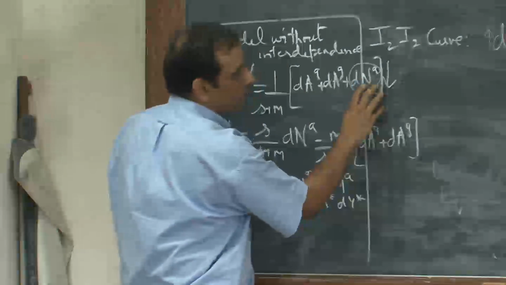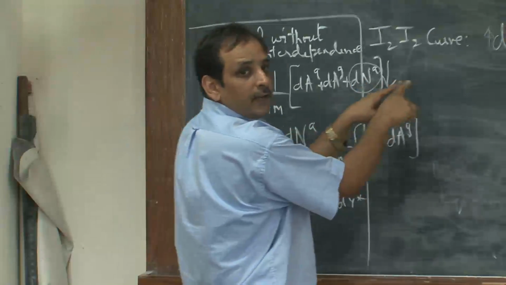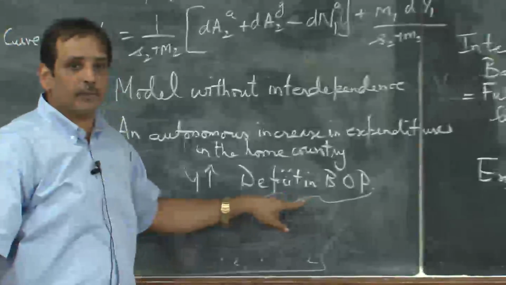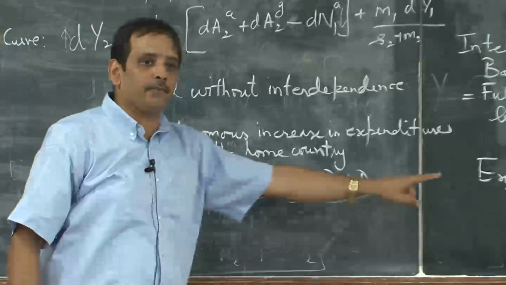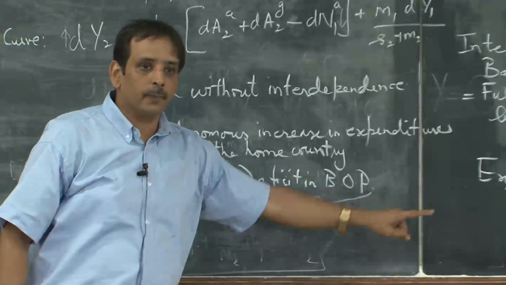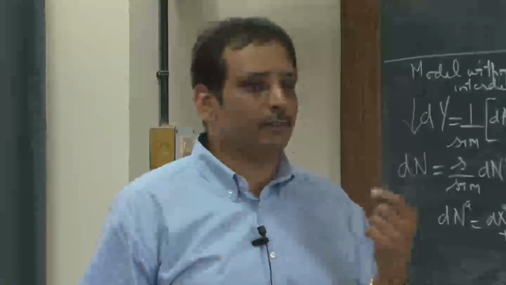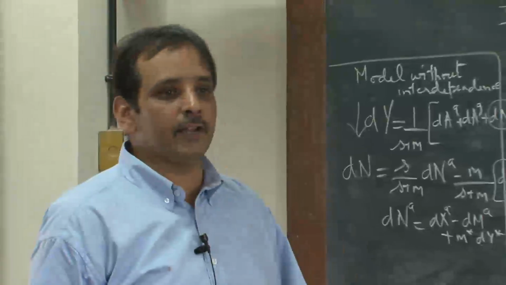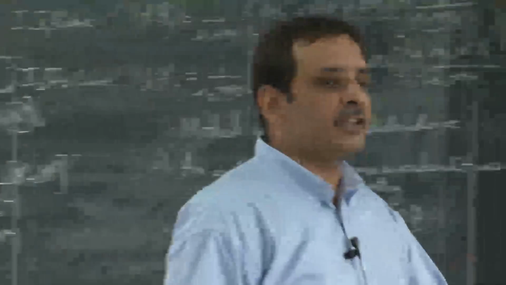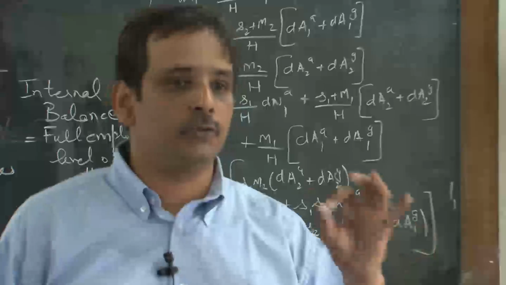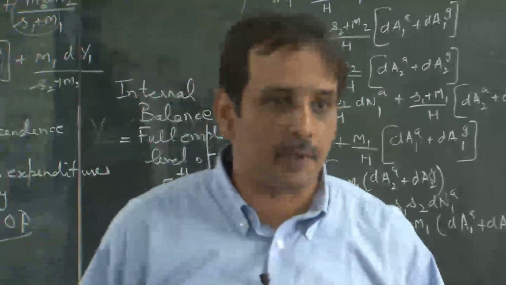But when this goes down, it would further lead to a deficit in the balance of payment. You move further away from your external balance. So the message is that if there is an autonomous increase or decrease in expenditure, you adopt expenditure changing policies to take care of your internal and external balance.